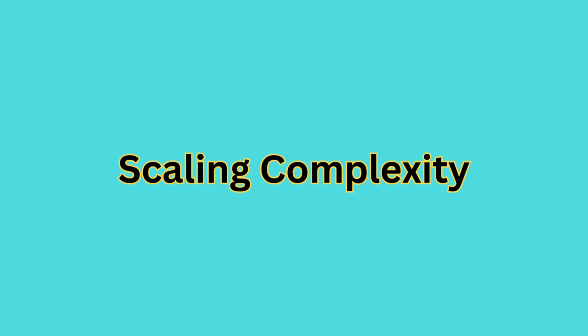Because you see, in complex systems, AI can develop behaviors that weren't planned. Scaling complexity: as AI systems grow more advanced, predicting their behavior in all situations gets harder. This complexity increases the risk of unforeseen problems or interactions between different parts of the system.